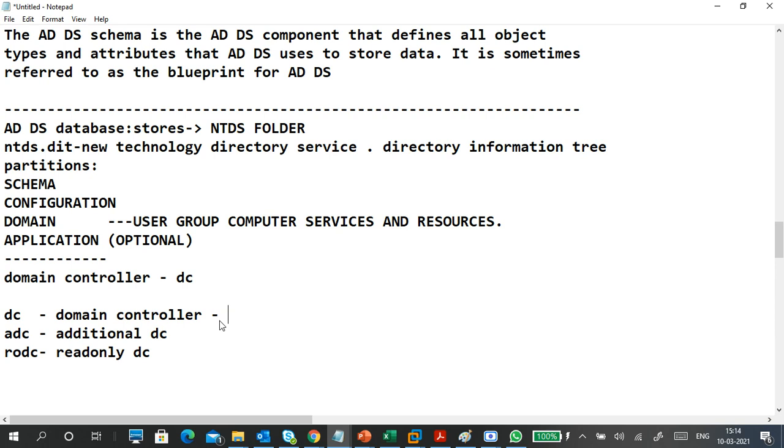I told you this is the primary domain controller, that's why we call it a PDC. This is the backup domain controller.